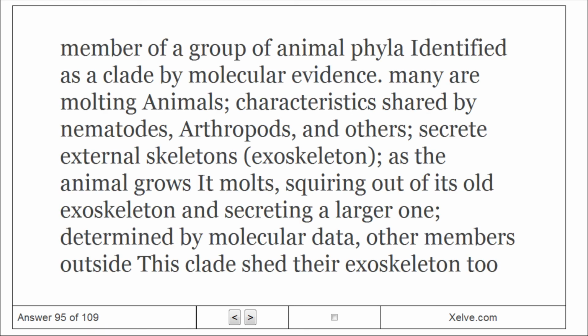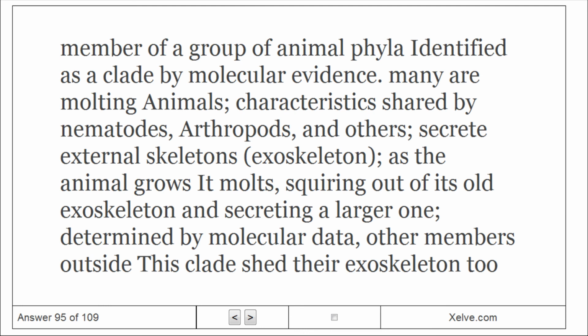Ecdysozoan: a member of a group of animal phyla identified as a clade by molecular evidence. Many are molting animals, a characteristic shared by nematodes, arthropods, and others, which secrete external skeletons. Exoskeleton: as the animal grows it molts, squirming out of its old exoskeleton and secreting a larger one.